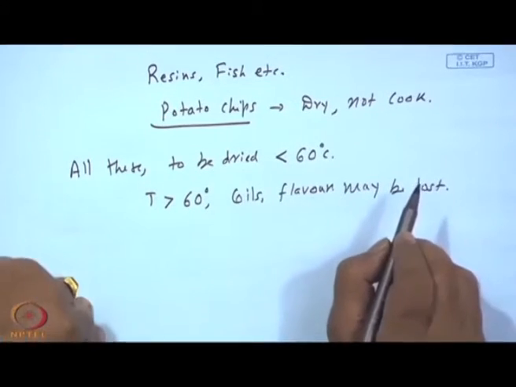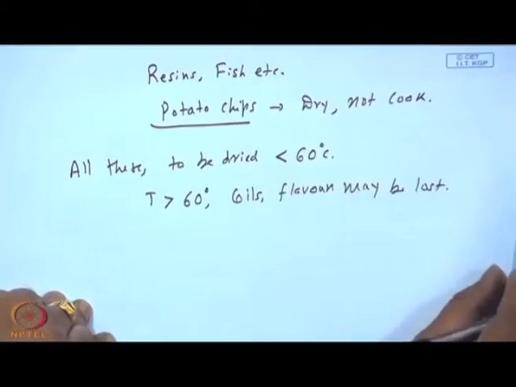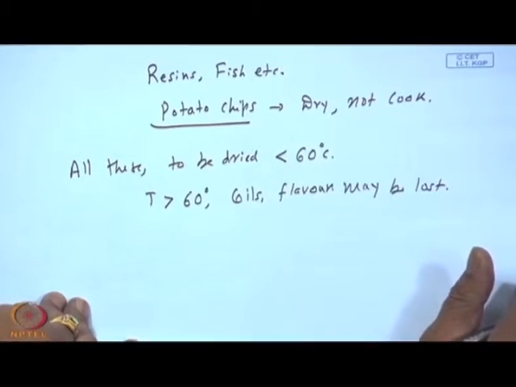So, you do not want to do it too fast by using a higher temperature, but you would like to do it faster than what you can achieve under natural conditions in open sun drying.